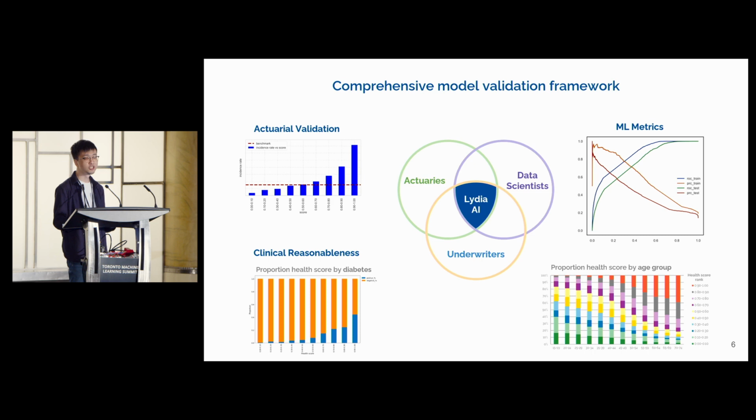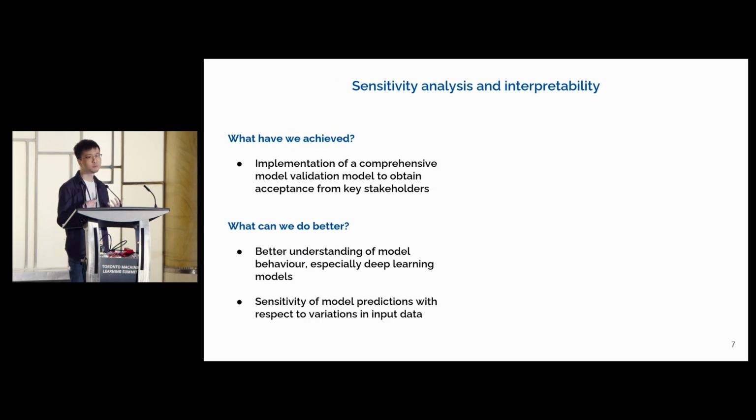And finally, for underwriters, we have produced some charts and numbers that show that our models are making predictions that are clinically reasonable in terms of some medical information. The key message here is that we already have a fairly comprehensive framework for model validation, and it worked quite well for our long-standing model on electronic health records. But when we started to move on to mobility data, we wanted to do better.